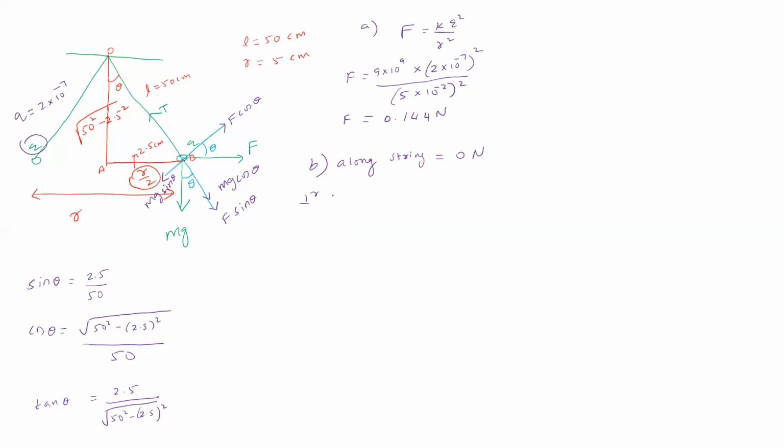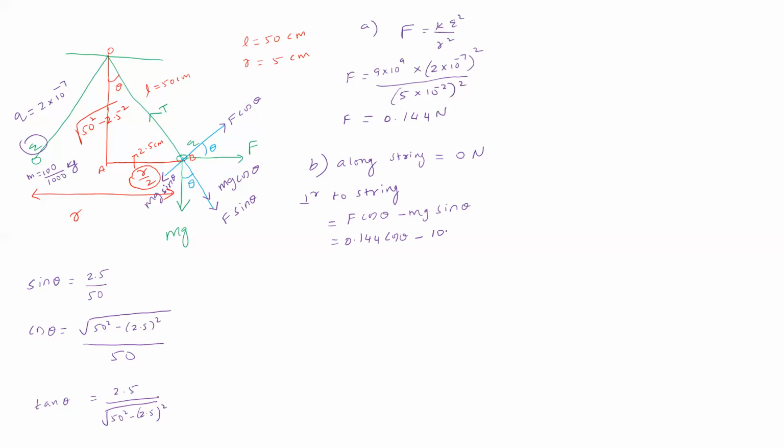Perpendicular to the string, what are the forces acting? One is F cos theta, another one is mg sin theta. So perpendicular to the string the force is F cos theta minus mg sin theta. Here F we got 0.144, and we substitute the cos theta value, minus mg. The mass of each sphere is given as 100 gram, which we convert into kilogram by dividing by 1000.